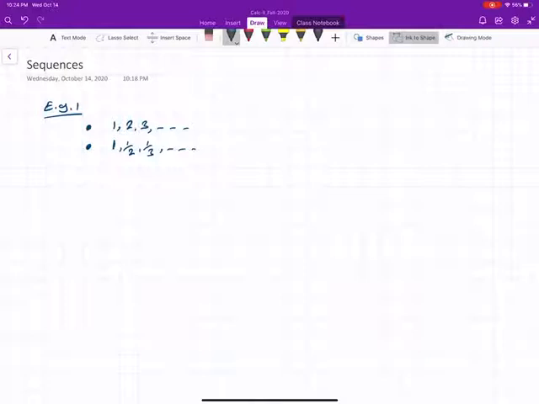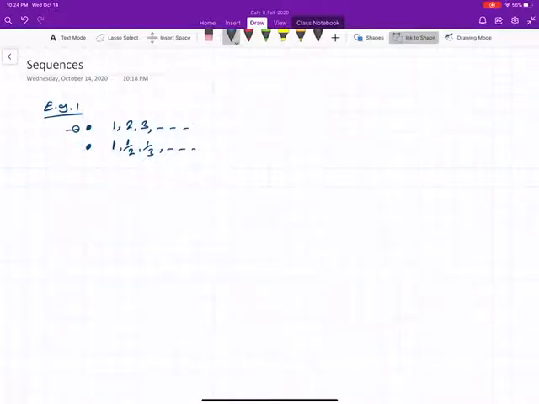For the first set, the difference between two consecutive numbers is 1. In the next case, the pattern is always that you divide 1 by the set given in the first point.